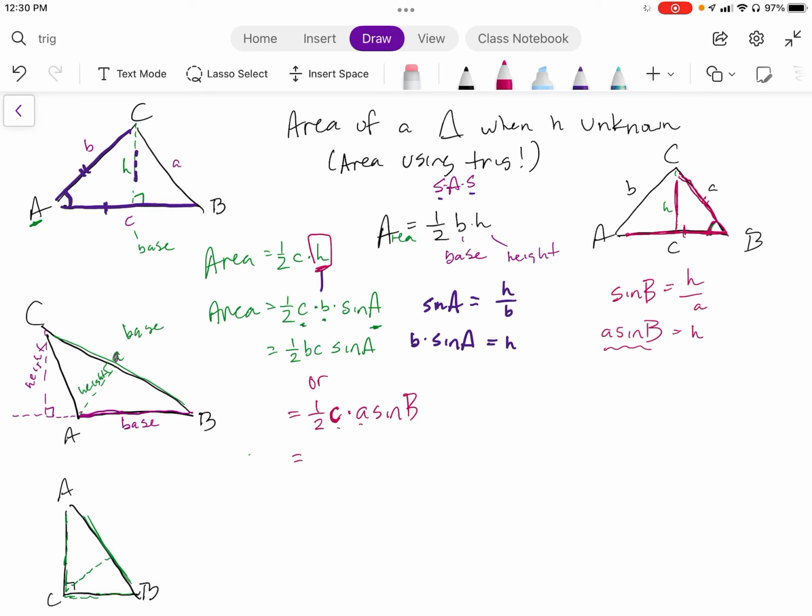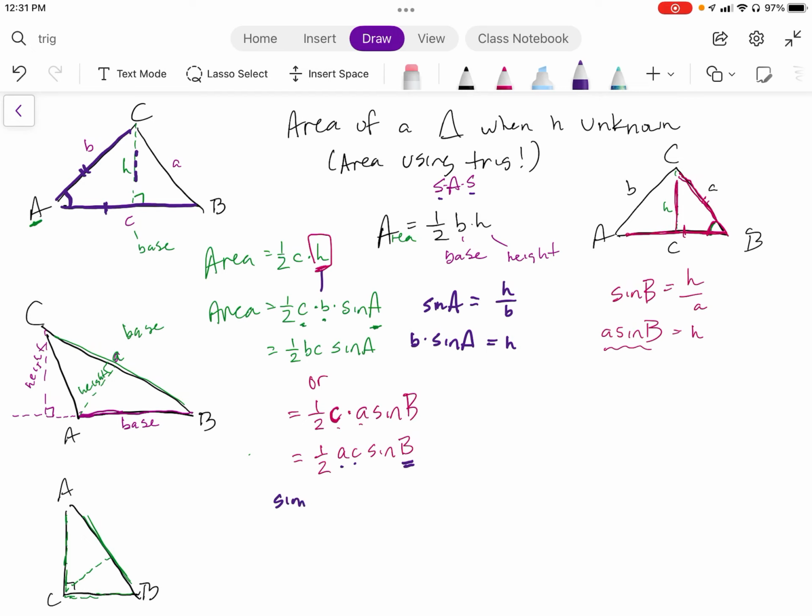Again, I'm going to write in ABC order: 1/2 ac sine B. So if you know the angle B and the two included sides, a and c, then I could find the area of this triangle.